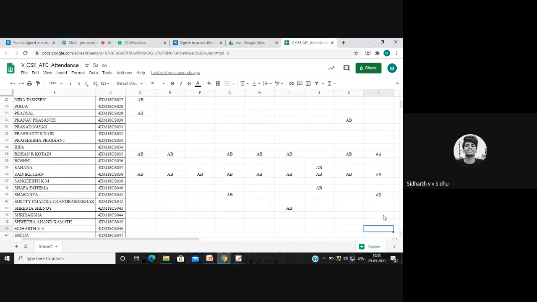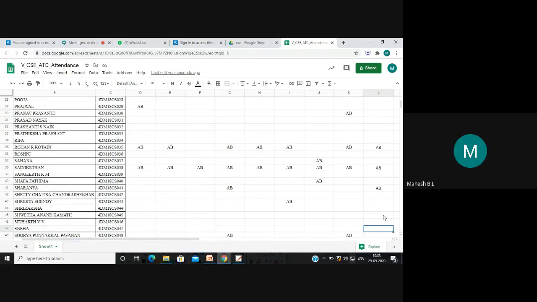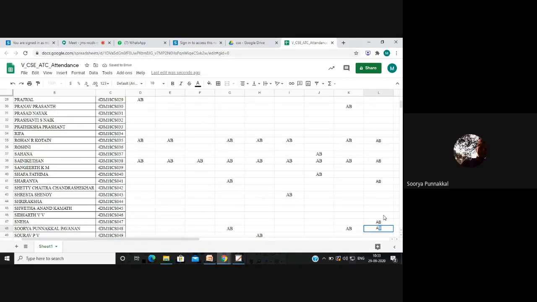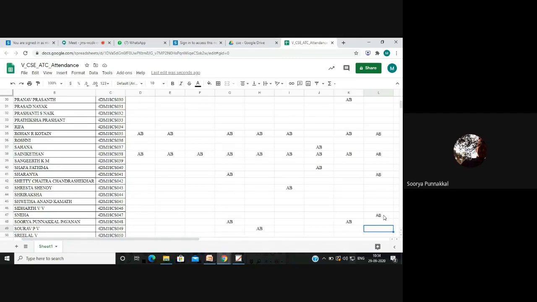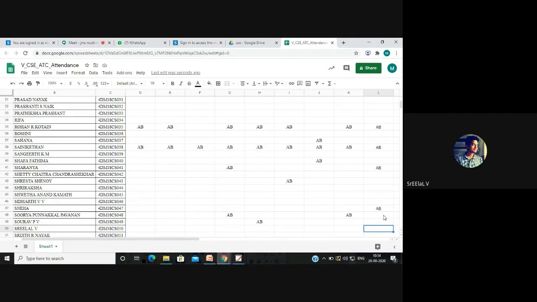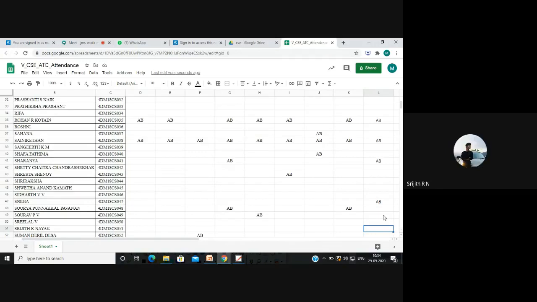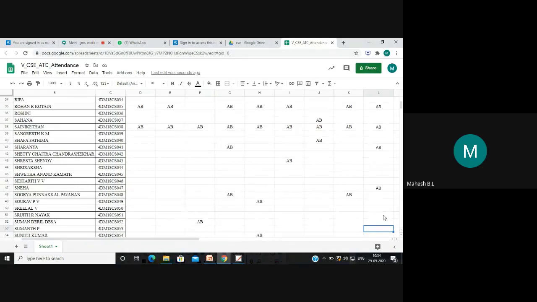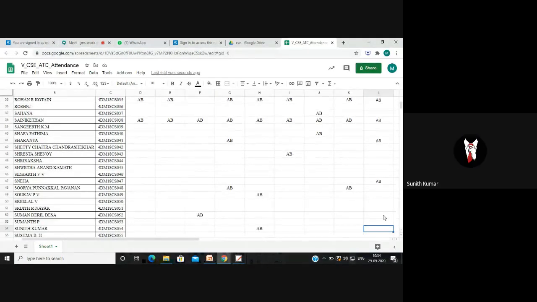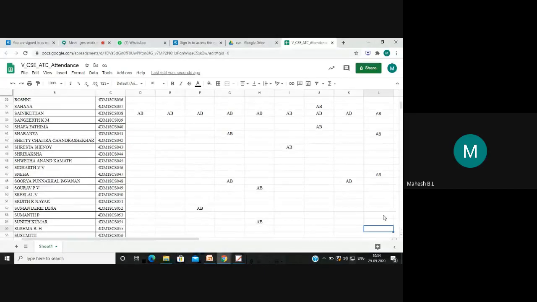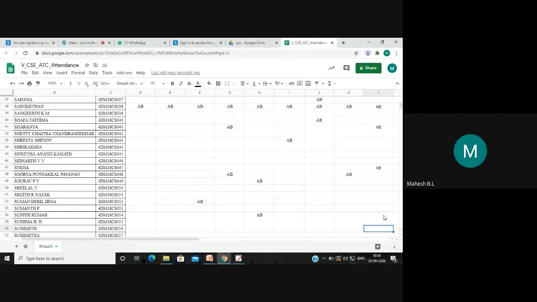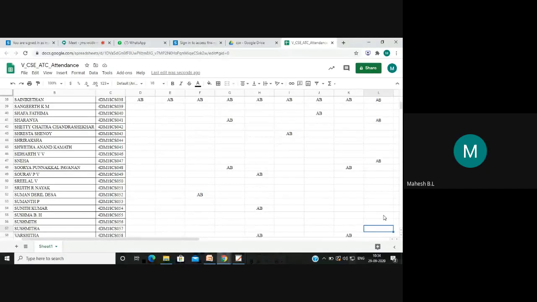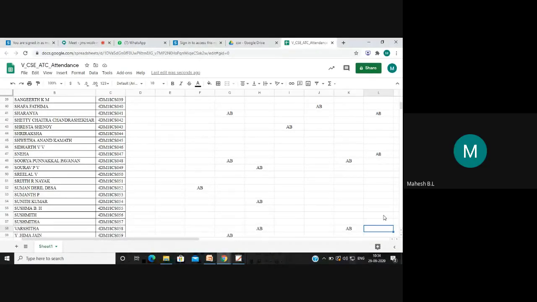Siddharth, present, sir. Sneha, Surya, present, sir. Suman, present, sir.